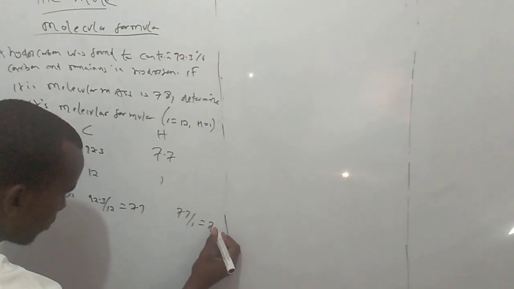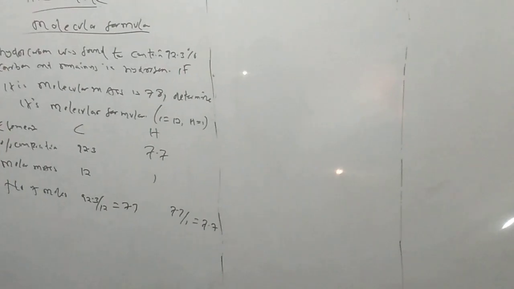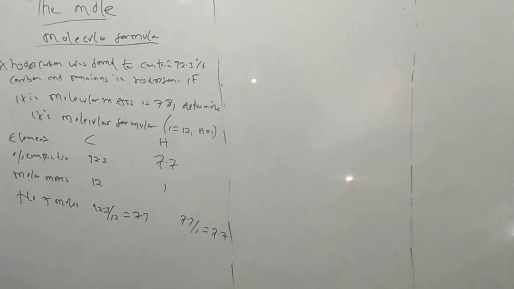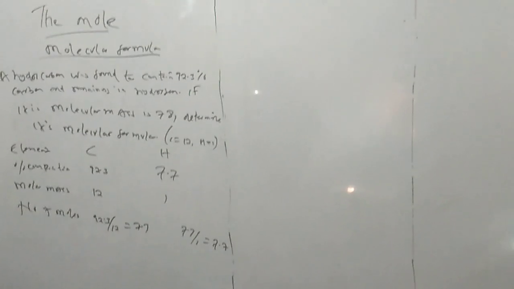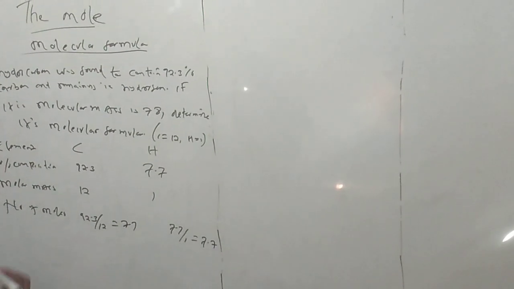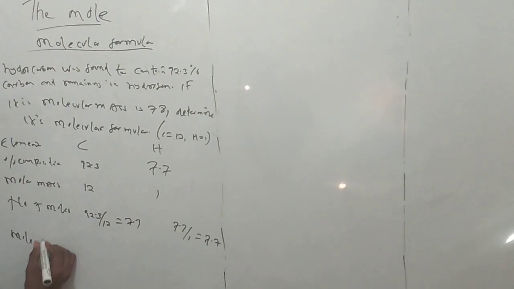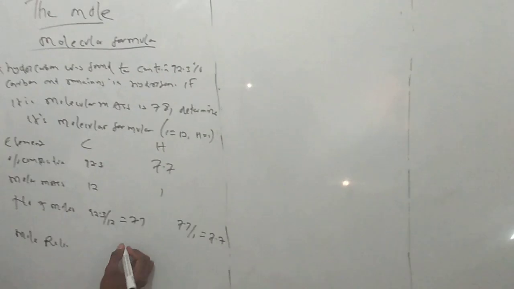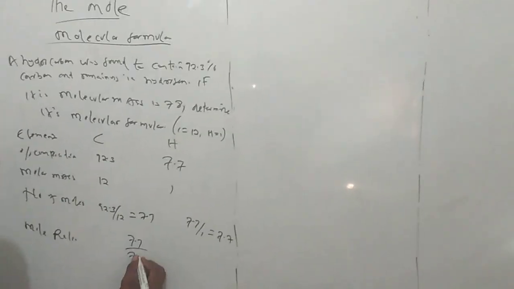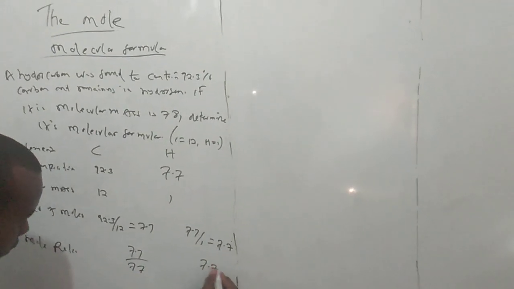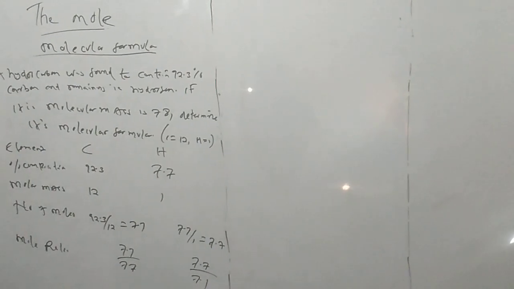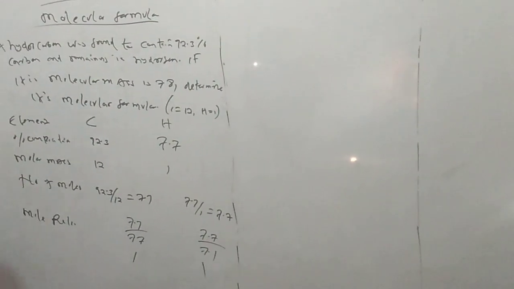This will also give 7.7. So we get the mole ratio: 7.7 over 7.7, 7.7 divided by 7.7. So this is 1 to 1. That means our empirical formula is CH.